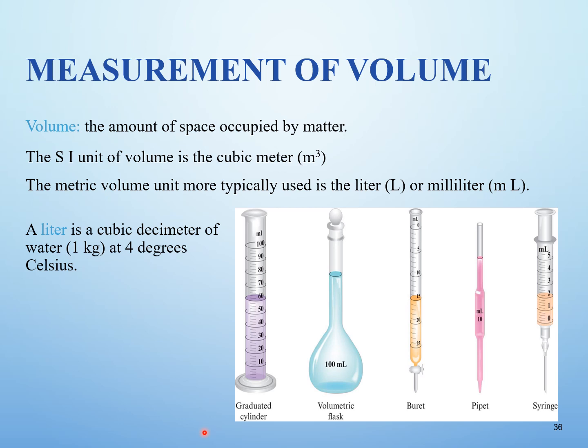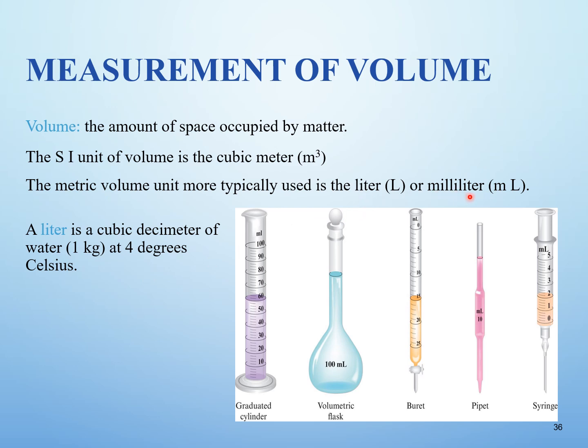So we typically in lab will use the units liters or milliliters for our volume, and you want to remember that a liter is a cubic decimeter of water at 4 degrees. So that's the definition, but you don't have to worry too much about it.